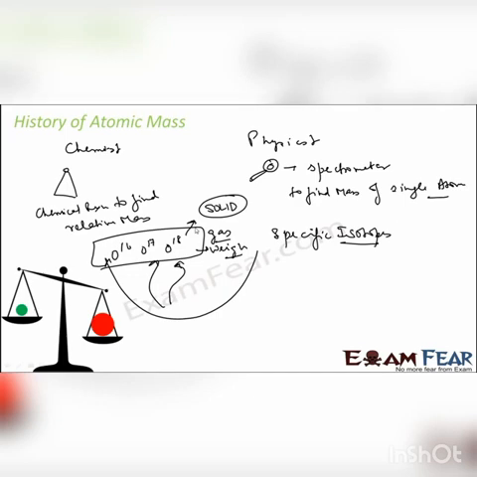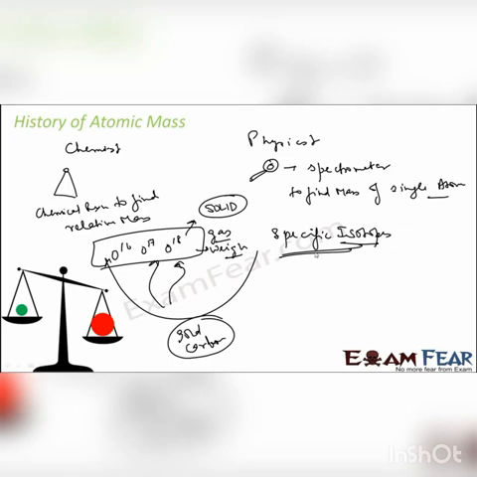Gold was one good contender, carbon was one good contender. They were looking for something solid with which they could react and get the final product, and easily weigh the gold or carbon. Also, physicists were not happy, because they were looking for the atomic mass of specific isotopes, right?